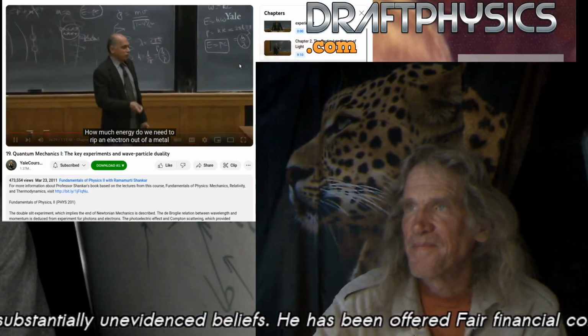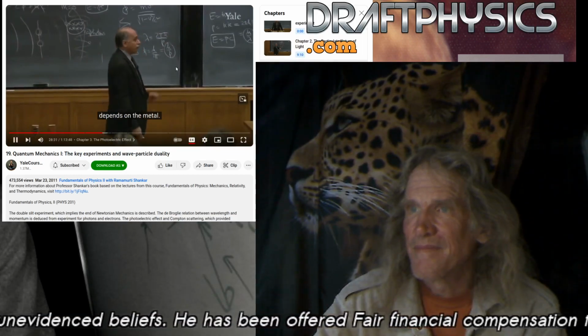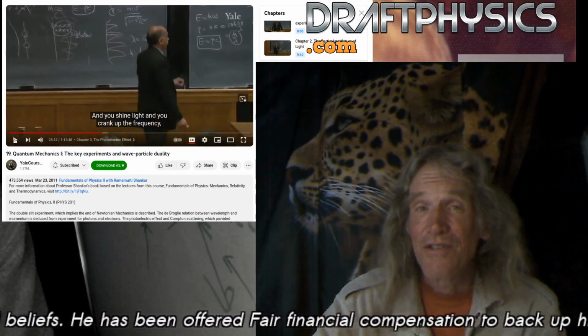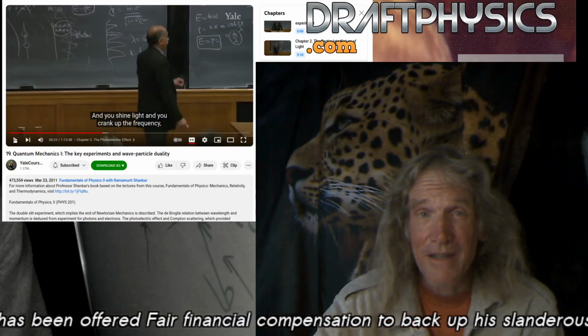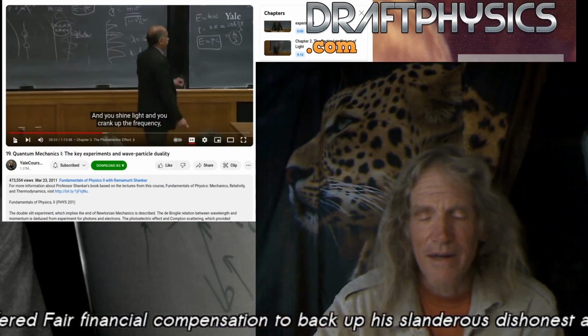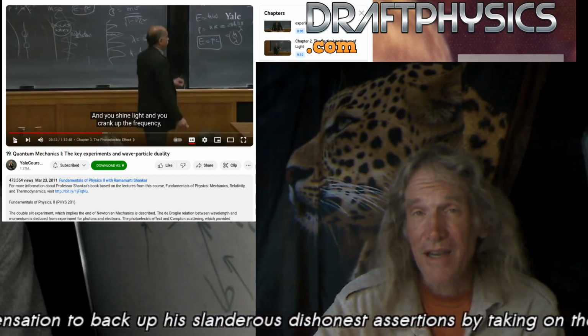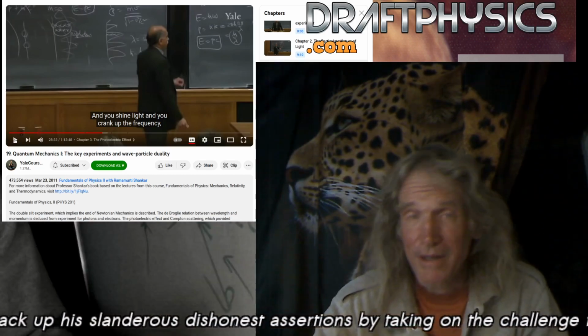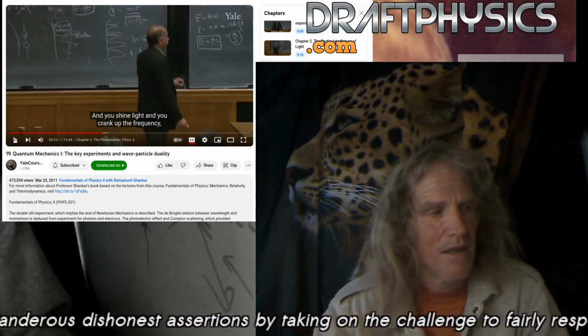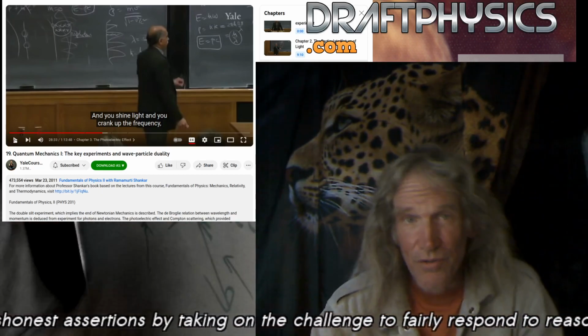How much energy do we need to rip an electron out of a metal depends on the metal. And you shine light and you crank up the frequency. Right, so you can understand that the dampening effect has to do with how dense the atoms are and how close they are and how small they are. So the size of the atoms will decide how quickly the energy is dampened out of the system, how quickly jolting one electron jolts the other electron.